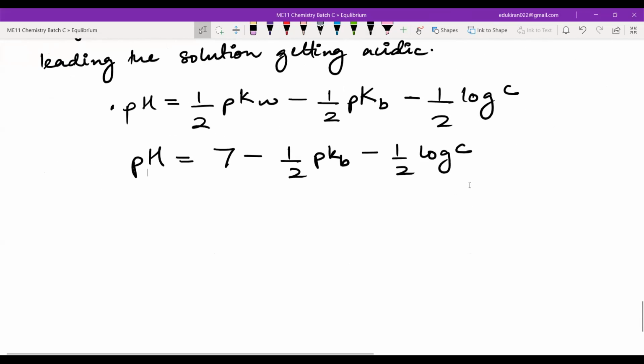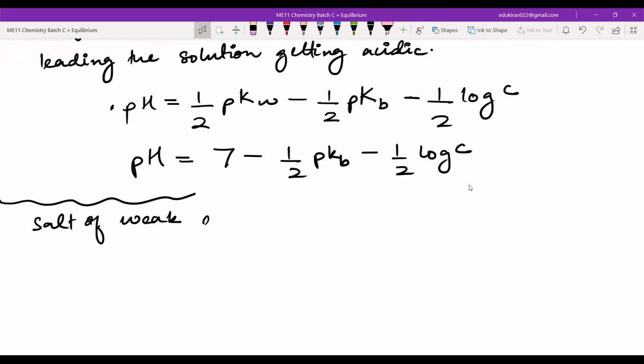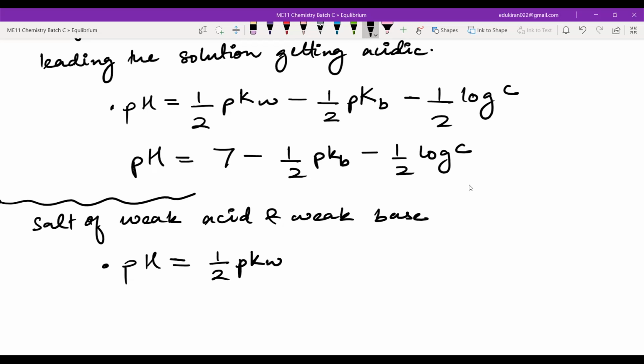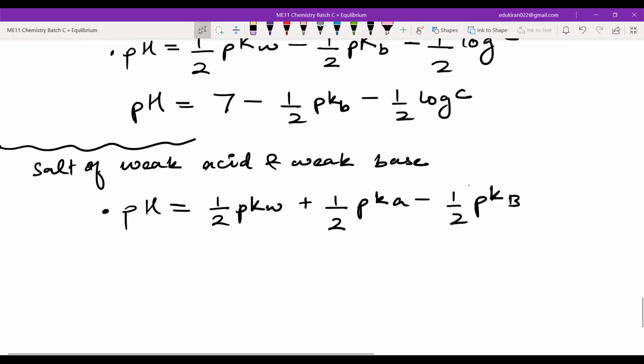Okay, if we have a salt of a weak acid and weak base, I will write the formula: pH will be equal to half of pKw plus half of pKa minus half of pKb.